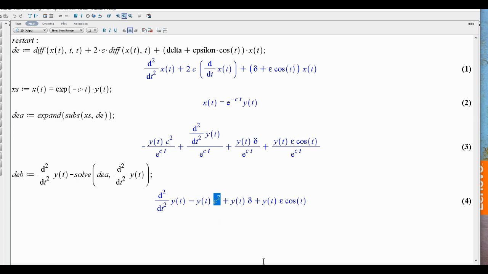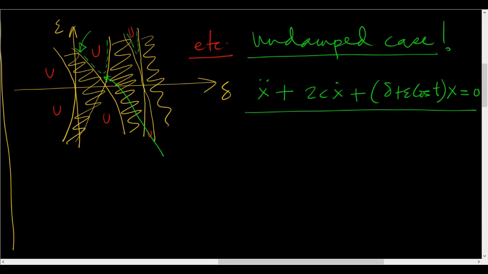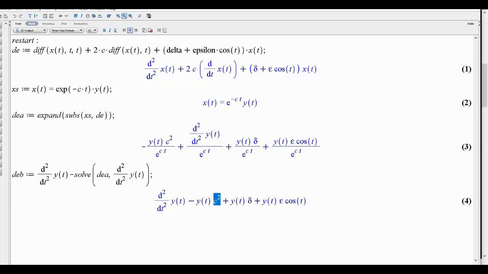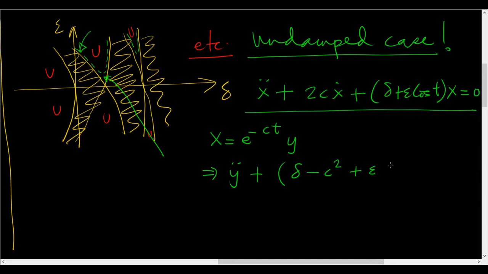So let us go back here. If we try x equal to e to the power minus ct times y, then we get y double dot plus delta minus c square plus epsilon cos t times y equals 0.